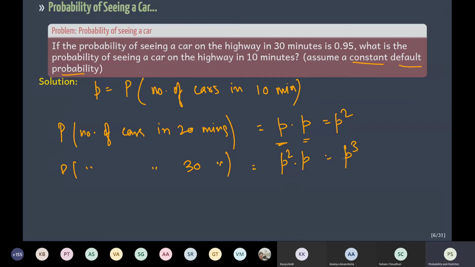So the probability of the number of cars in 20 minutes is, let us say, p square. The probability of the number of cars in 30 minutes would be p cube, and what we want is the probability.